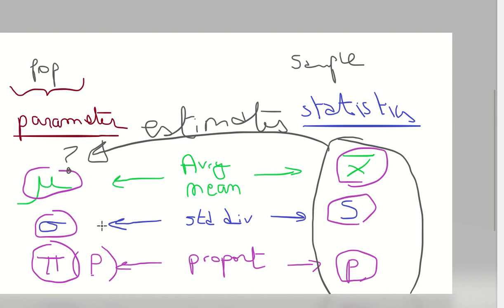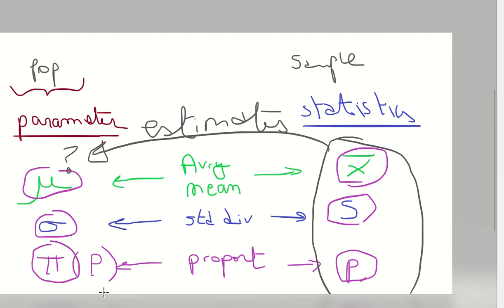Most of the time, we study samples. We do not know the average of everybody who is diabetic, for example. So we take a sample of diabetic patients, we measure their blood pressure, we calculate an average in the sample, and that average would be our estimate of the value in the population.